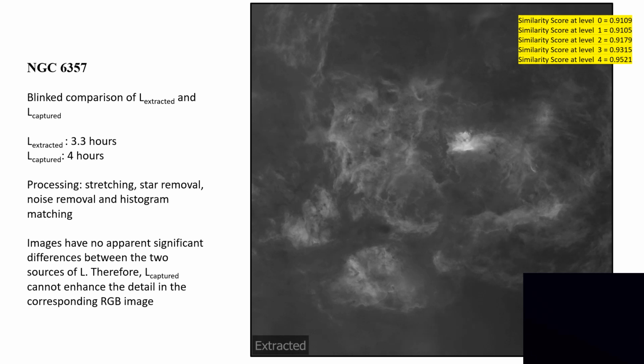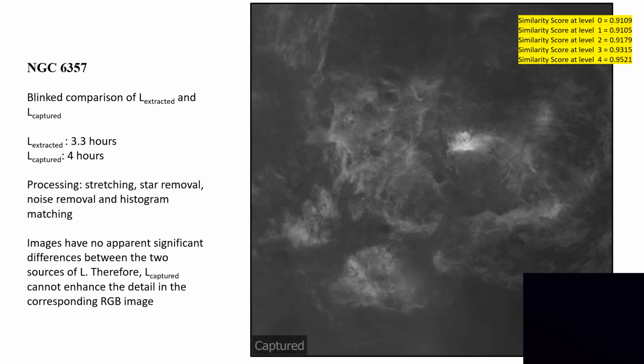So here's the similarity index for these images, all over 0.9, regardless of resolution, from full resolution on down to 1/16th resolution. Anything above 0.7 or 0.75 is considered a very good match.